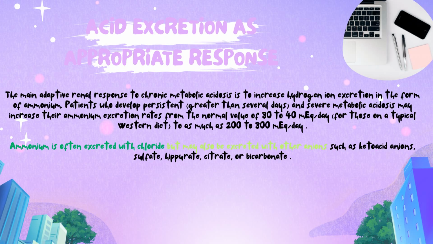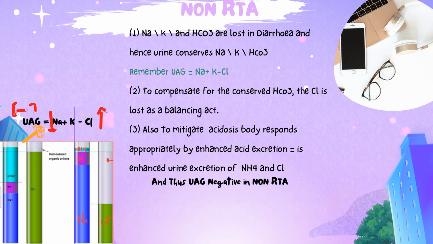We would come to the urinary osmolar concept on another day, and we will look at the RTA in detail as well on another day. Now continuing on to the non-RTA NAGMA pathology of urinary anion gap. The sodium, potassium and bicarbonates are lost in diarrhea, and hence the urine attempts to conserve sodium, potassium and bicarbonate, which is a normal response.